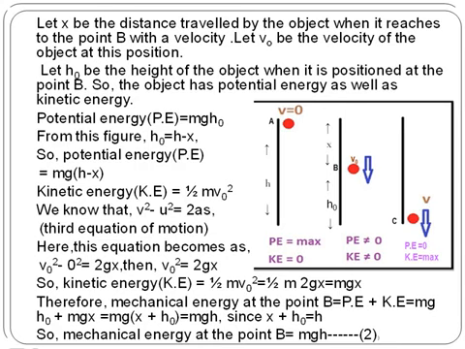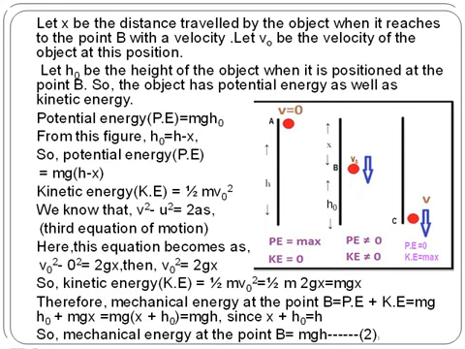Here, final velocity is v0, initial velocity is 0, a is changed into g, where g is the acceleration due to gravity and distance travelled by the body in this time is x. Then, the third equation of motion is changed into v0 square is equal to 2gx.